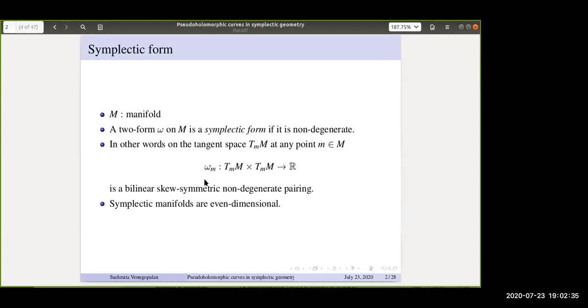And by the definition of a symplectic form on a vector space, we can deduce that a vector space which has a symplectic form has bases that are even dimensional. So therefore, symplectic manifolds are even dimensional.